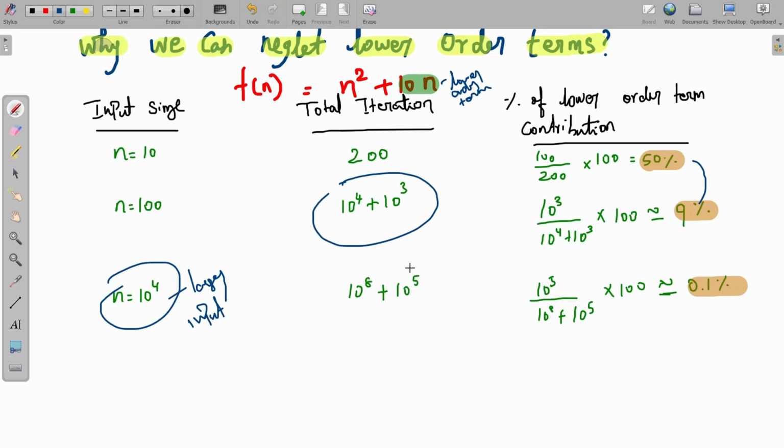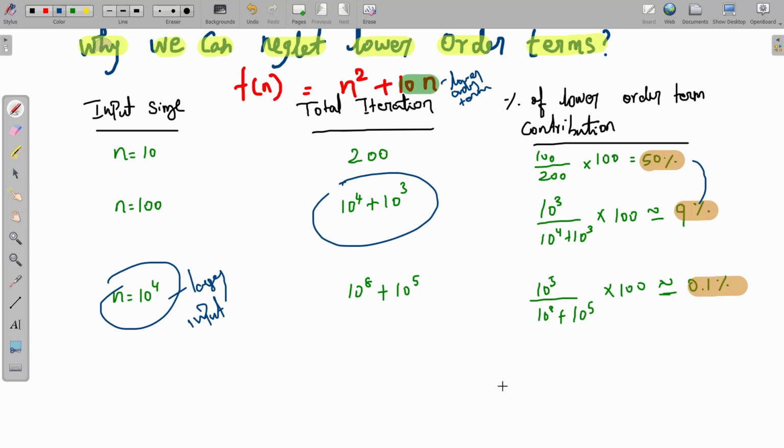In the total iteration, how much percentage my lower order term will be contributing? That is 0.1%. It never affects your number of iteration. It never affects your performance of the algorithm. So that we are rejecting lower order terms and constants, everything, right?